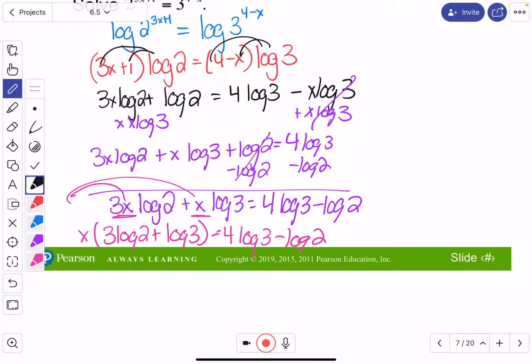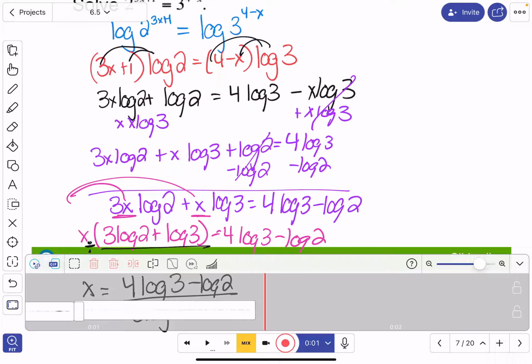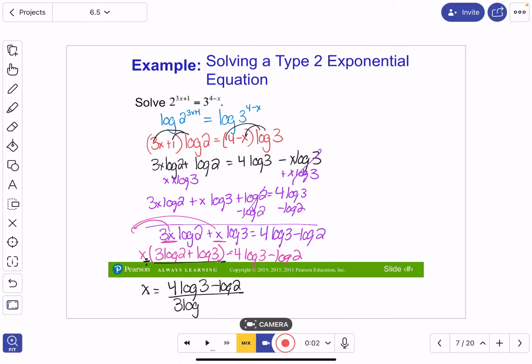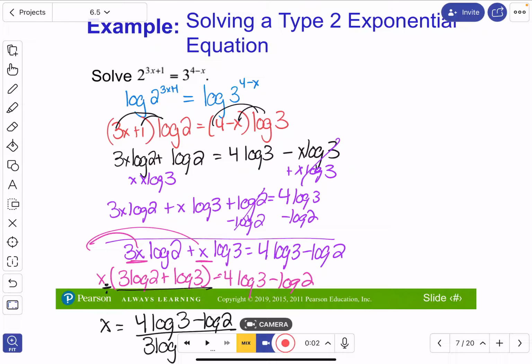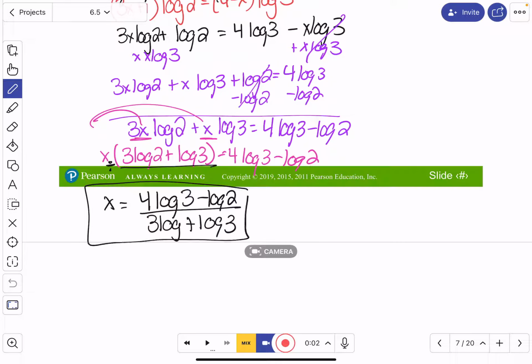And to get the x alone, we're just going to divide, because that's multiplication. So we get 4 log 3 minus log 2 over 3 log 2 plus log 3. So that would be our exact answer.